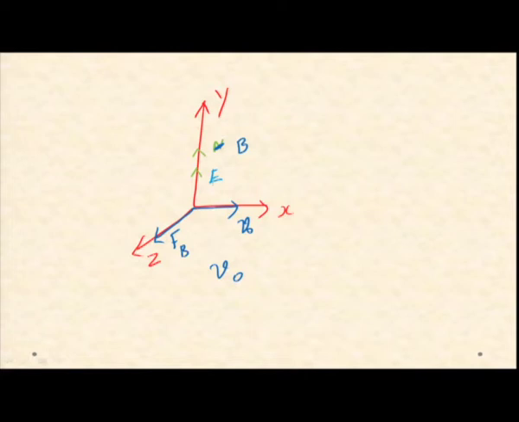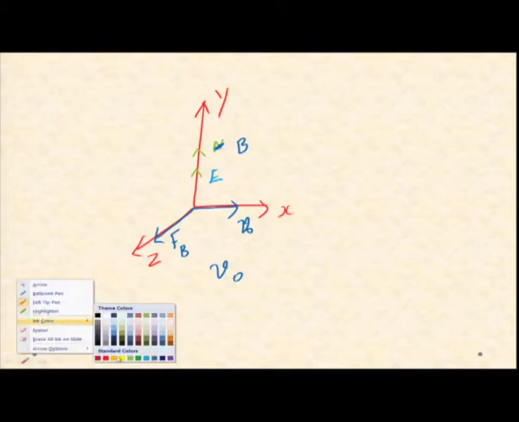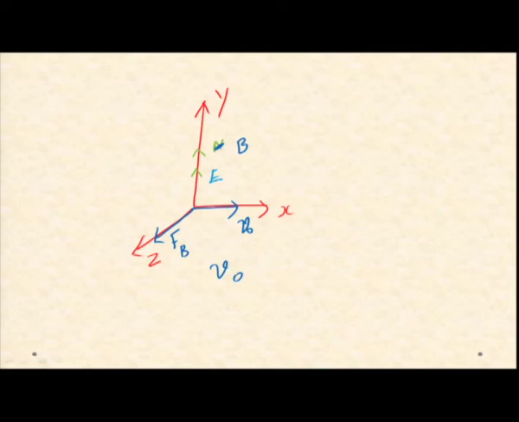If the electric field is not present, the particle exhibits only circular motion. It starts here, moves around, and completes a circular motion. If you draw a tangent to the circle, that will give the velocity of the charged particle at that instant.